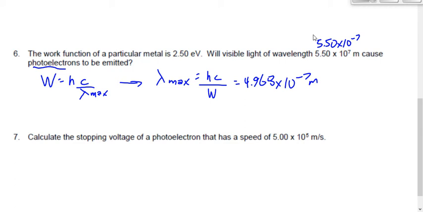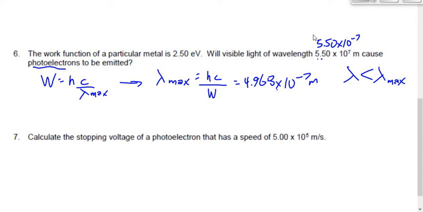Now, if you want electrons to be ejected, you want your wavelength to be not above, but below your threshold wavelength. You want it to be above the threshold frequency or below the threshold wavelength. Is the wavelength of this light, 5.50 times 10 to the minus 7, below the threshold value of 4.96 times 10 to the minus 7?